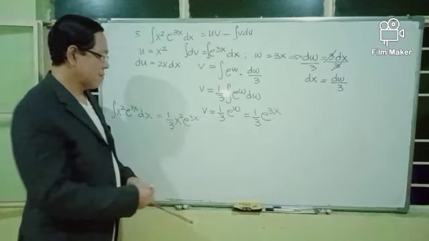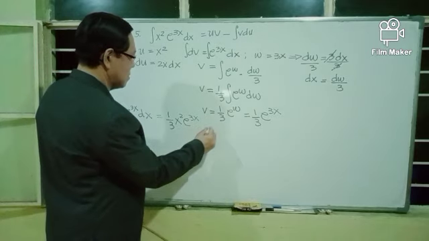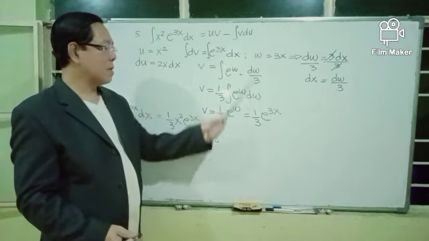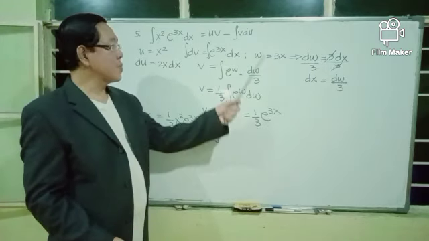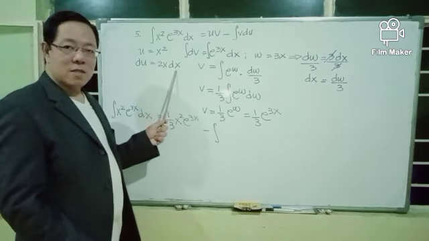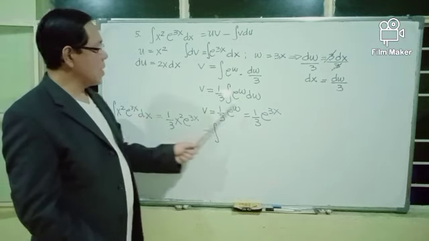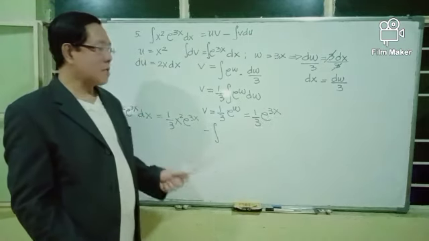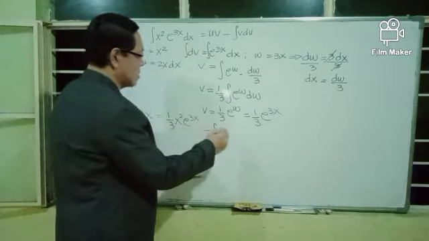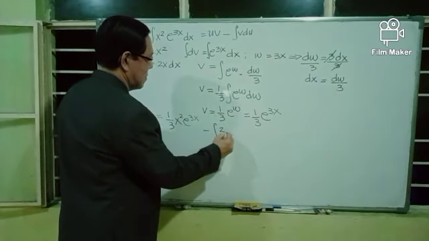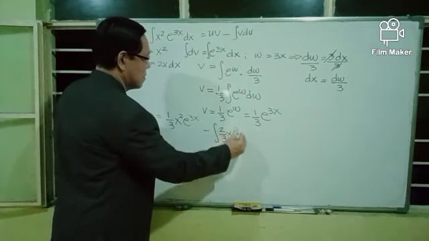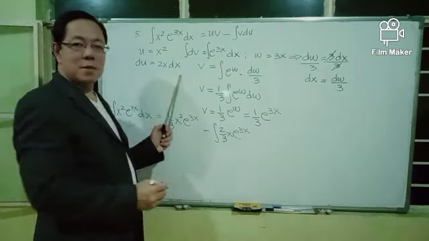minus the integral of v, 1/3 e to the 3x, multiplied by du, and du is 2x dx. 2x multiplied by 1/3 e to the 3x is 2 times 1/3, which is 2/3 x times e to the 3x dx.